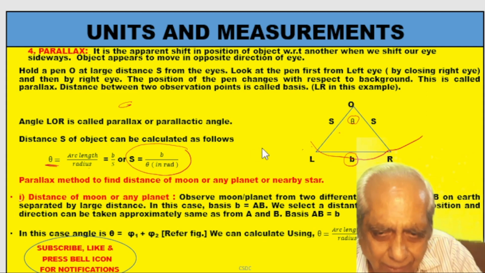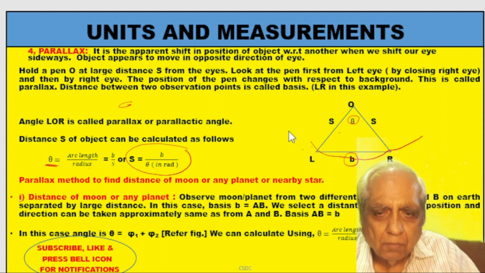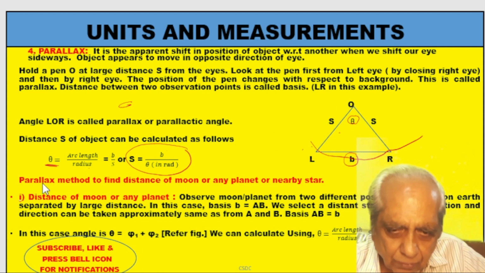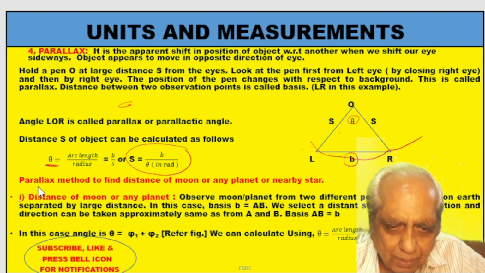B is called the basis. This chord length LR, or B, or arc length is called the basis. So this is the basis, and theta is the parallactic angle. In this manner we will employ this principle of parallax in measuring various things.